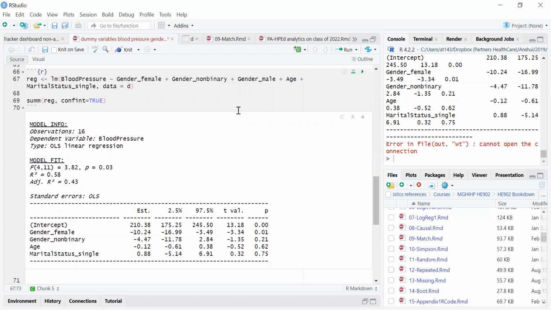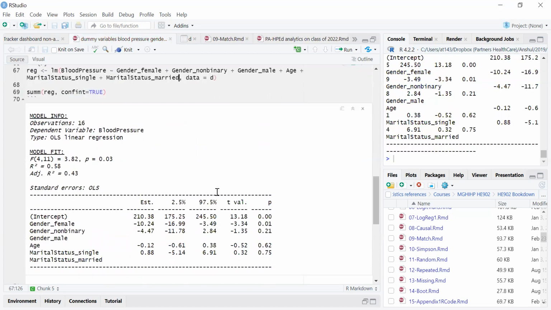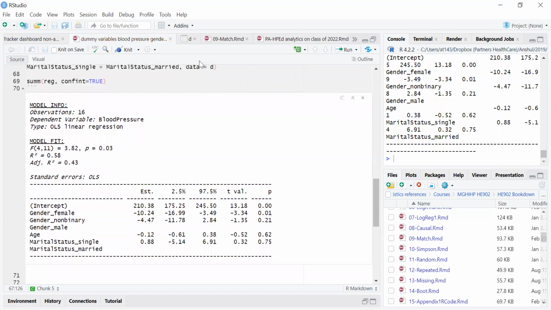And we will also accidentally include marital status underscore married. Save that. Click the button. Look at this. The computer knew that we made a mistake. This row is blank here for male, and this row is blank here for married.